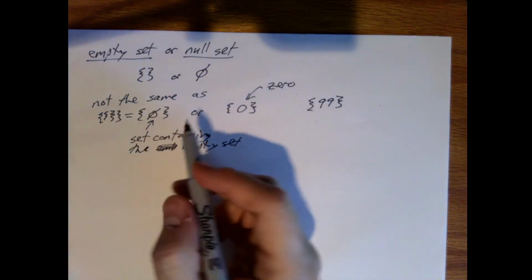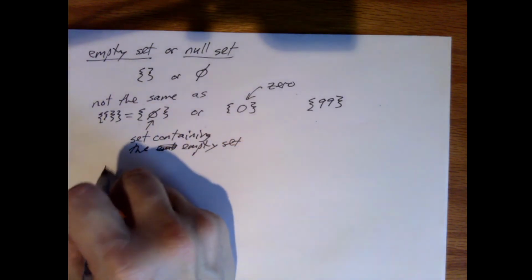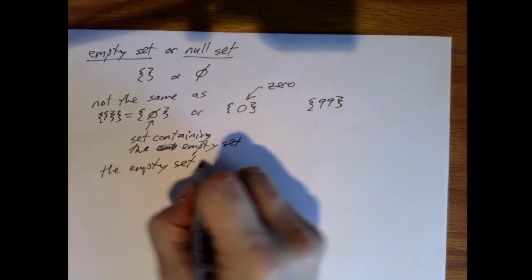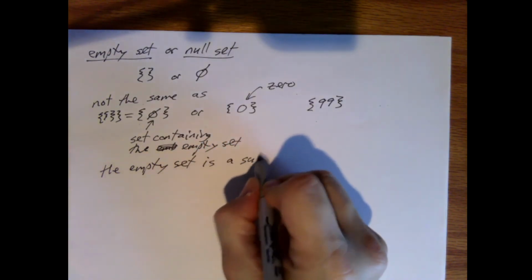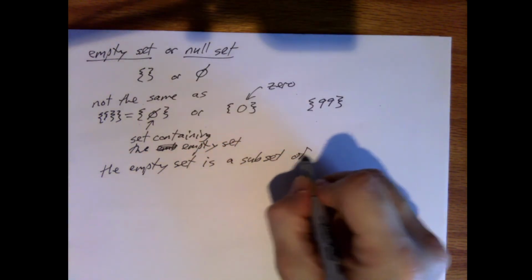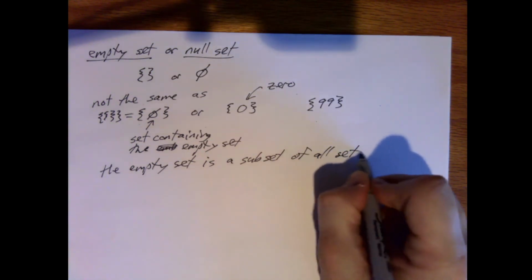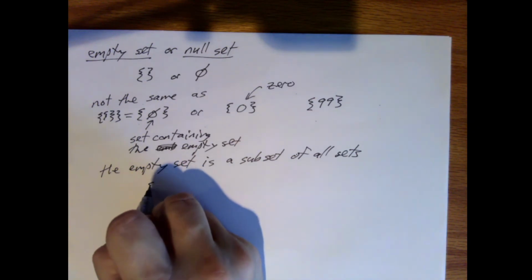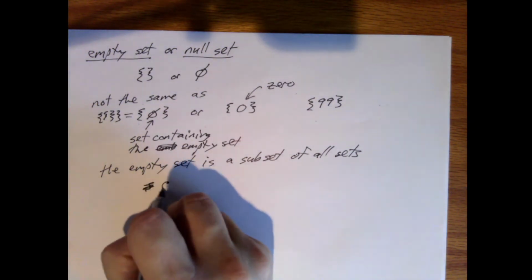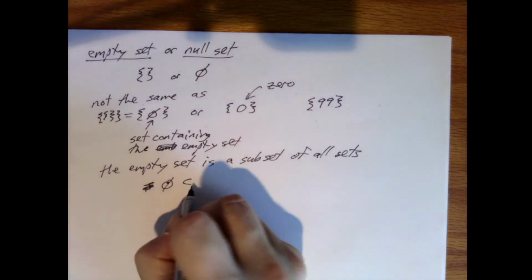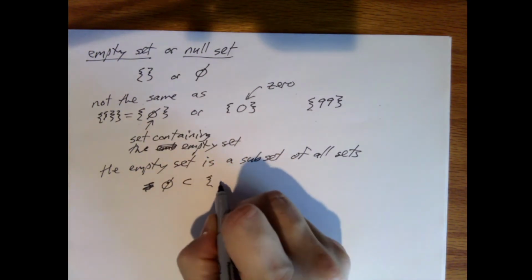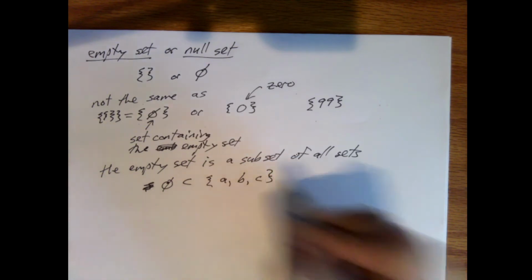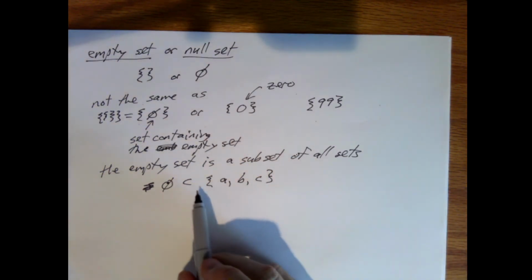One of the things that will kind of blow your mind is that the empty set is a subset of all sets. So if I have this right here, I can say then the empty set is a subset of this right here. You may be thinking, well, how can that possibly be?